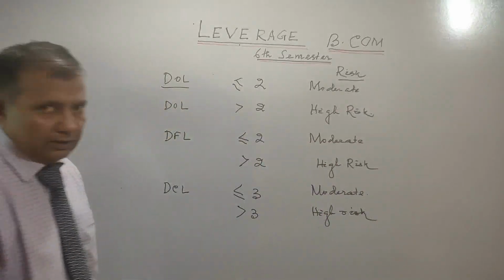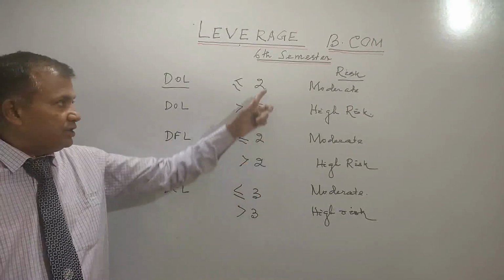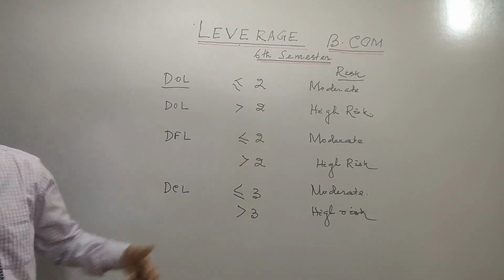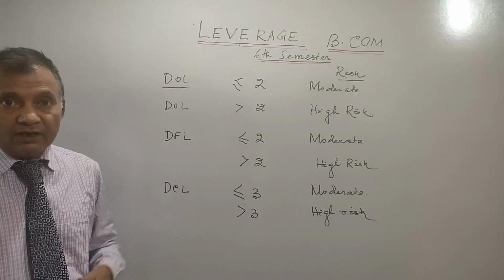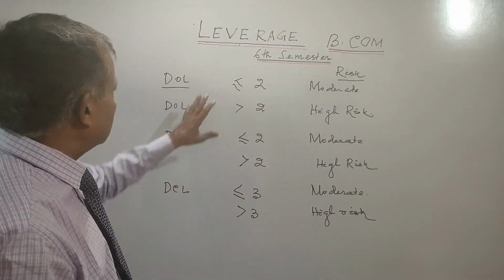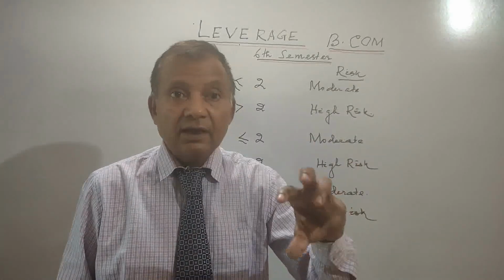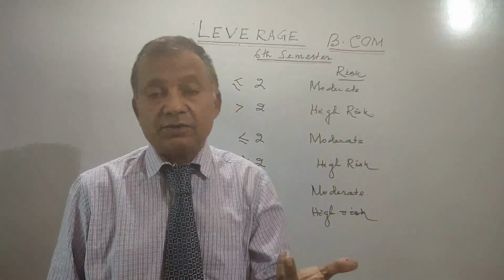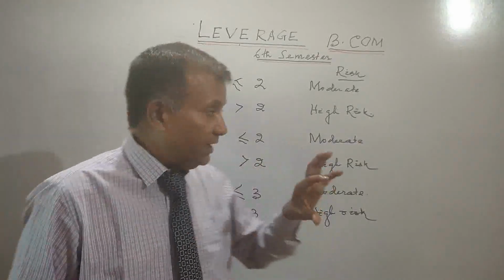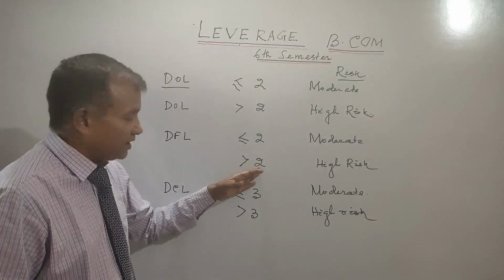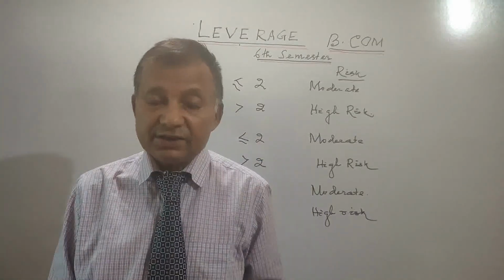Of course no standard is specified, but still we generally use this one for expressing a decision. Suppose the degree of operating leverage is 3, that means there is a high risk with the fixed cost. If the DFL is say 3, that means there is a high risk of interest.